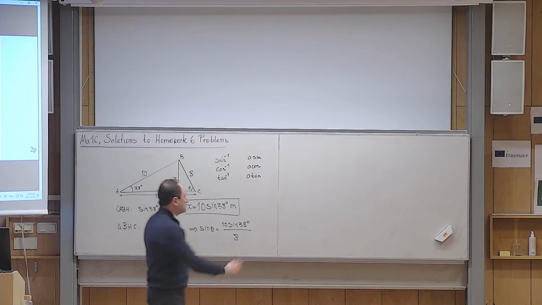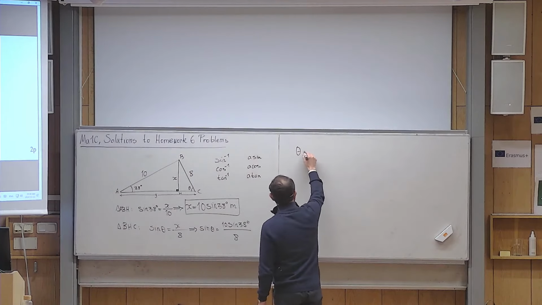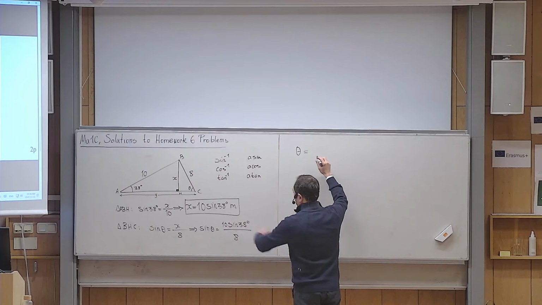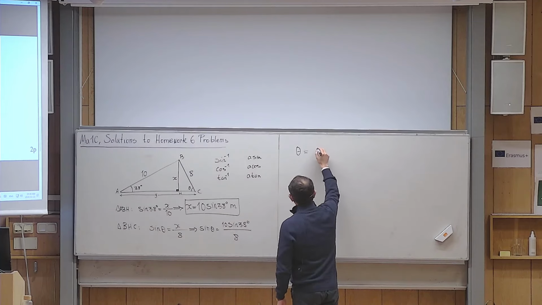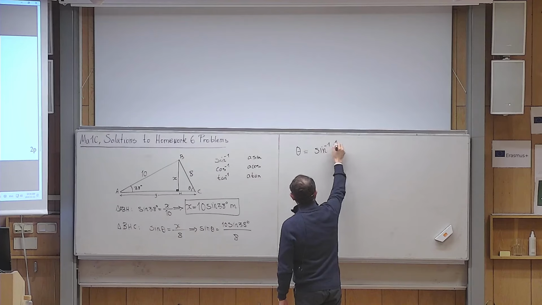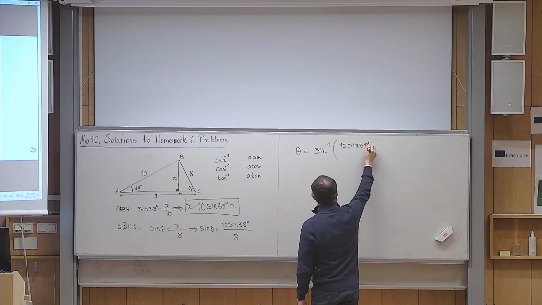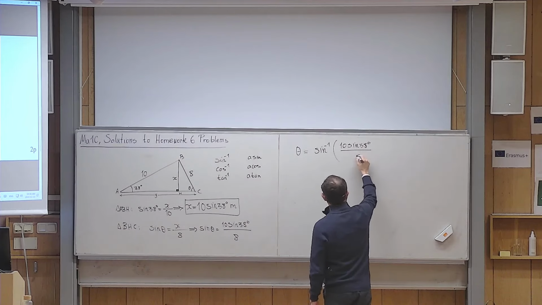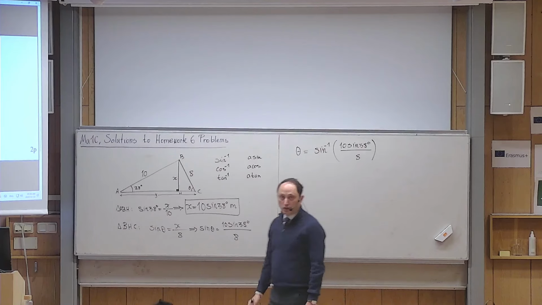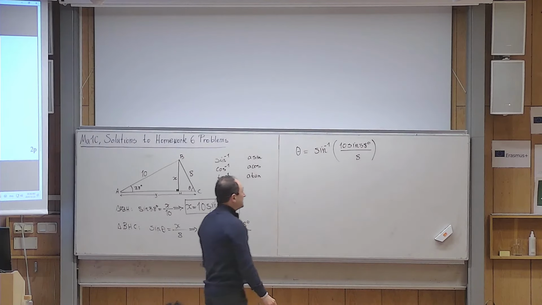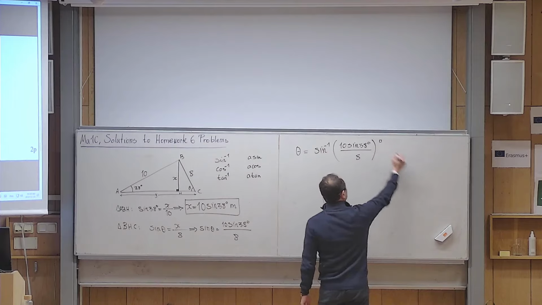So at the end, what do I write? Theta is a sine inverse of that very strange number, but who cares? I just type it there. Yes, this is your angle. And it is in degrees, okay? Automatically.